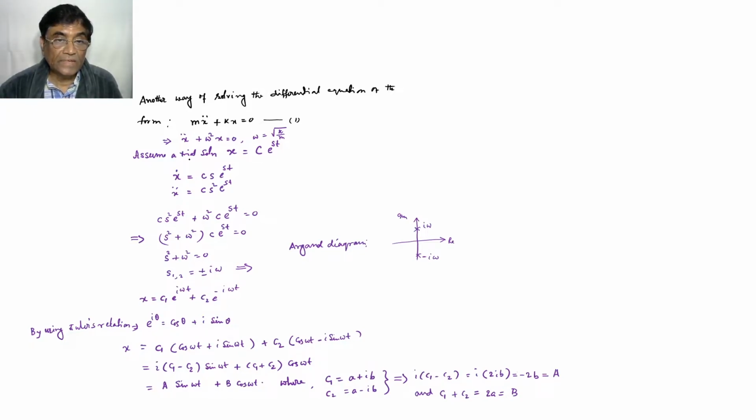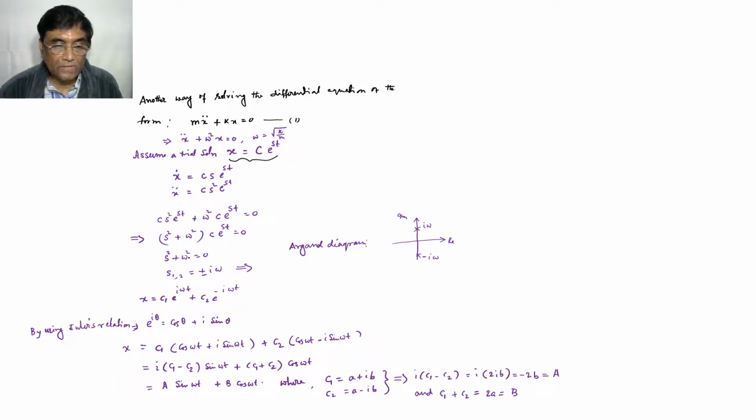So this is a trial solution. So x dot equals C s e to the power st, then differentiating again, x double dot equals C s square e to the power st. If this is a trial solution, it has to satisfy the equation, so that's why I have figured this out, and we are putting them in.